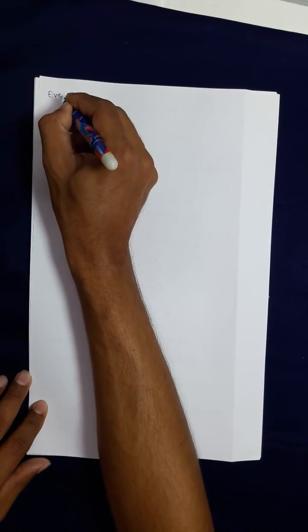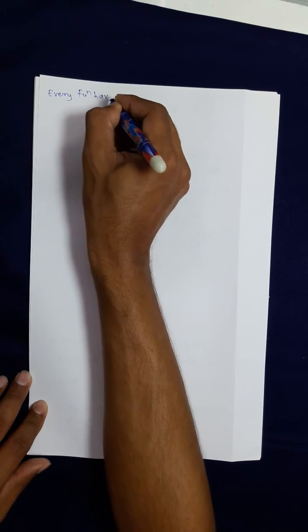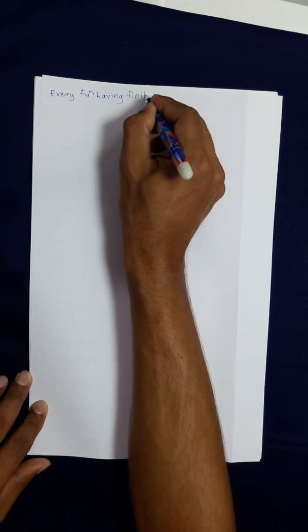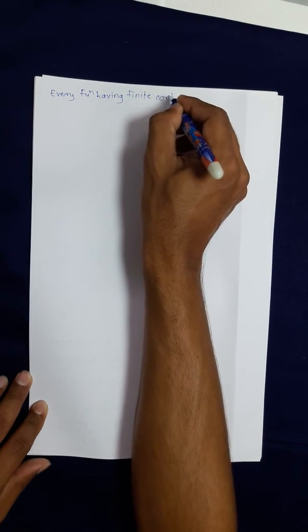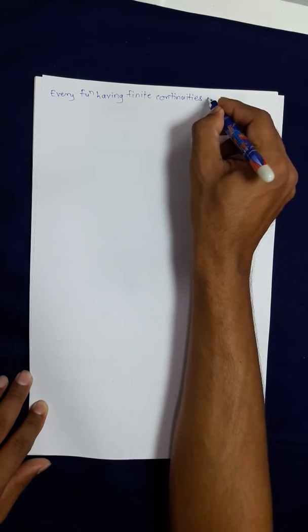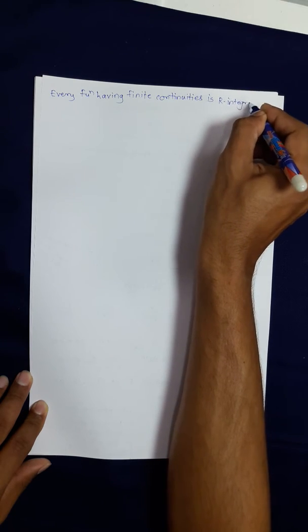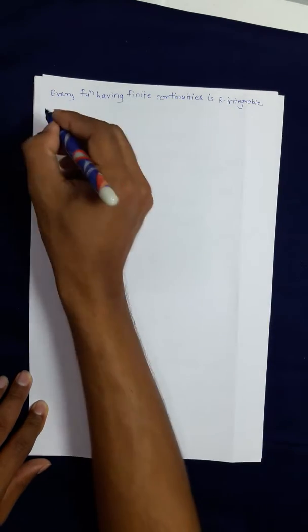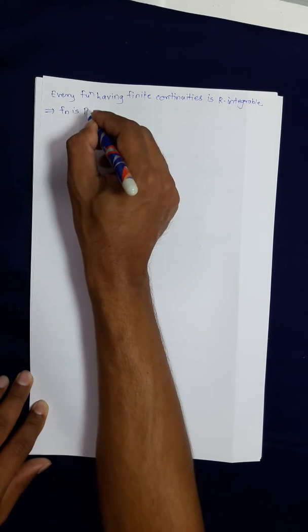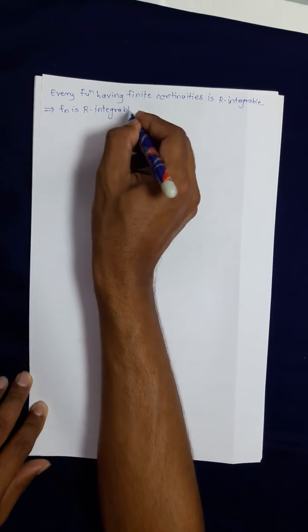Every function having finite discontinuities is R integrable. So therefore we can say fn is R integrable, and this is true for all n.